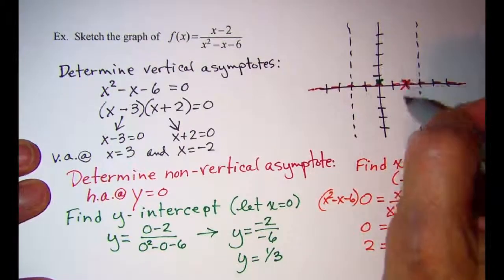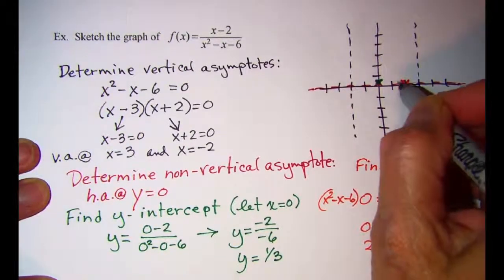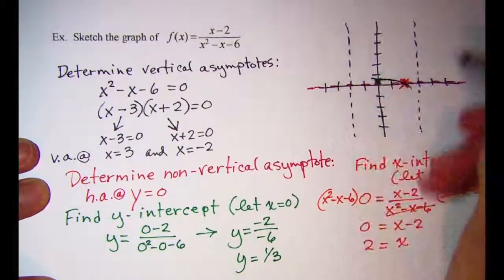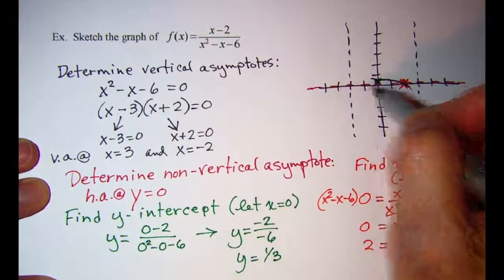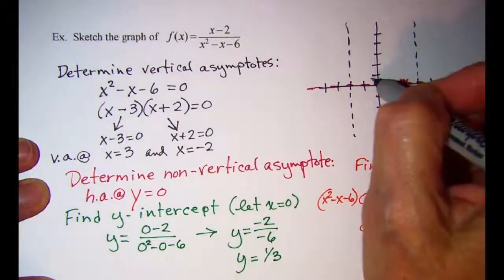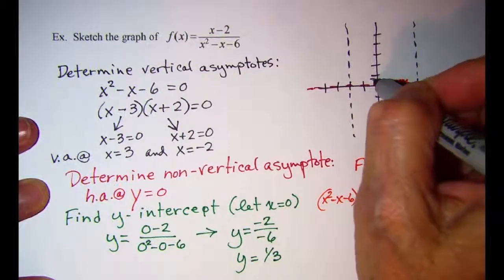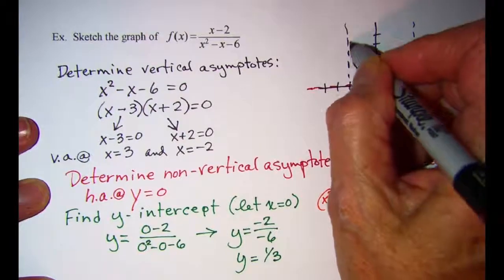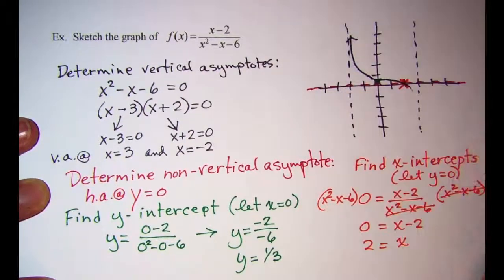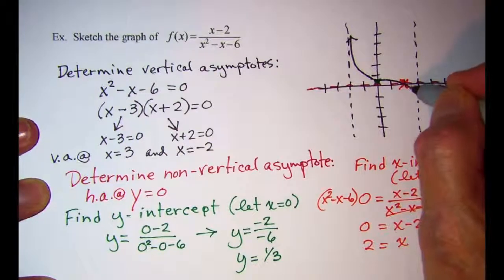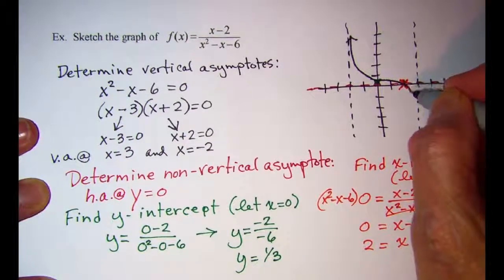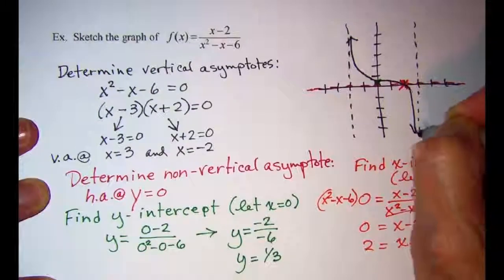I'm going to have to connect there, and I can't go back down because I can't cross the x-axis. So remember, with asymptotes, you're going to kind of hug the asymptote. So I'm going to have to go up on this asymptote, and then I have to go down this asymptote.